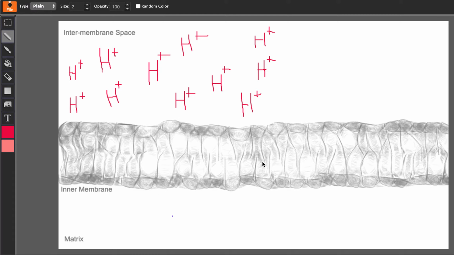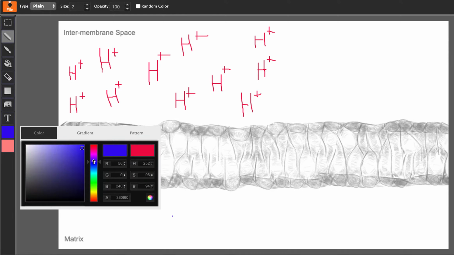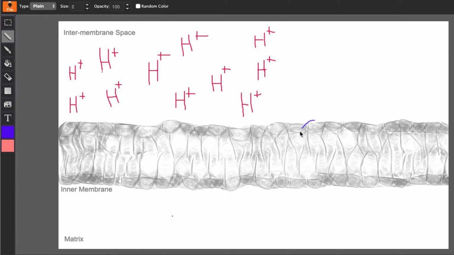So let's draw this enzyme called ATP synthase. All right, so ATP synthase is this enzyme that has a few different subunits. It's got this one piece that's embedded in the inner membrane, and then it's got a rotor.